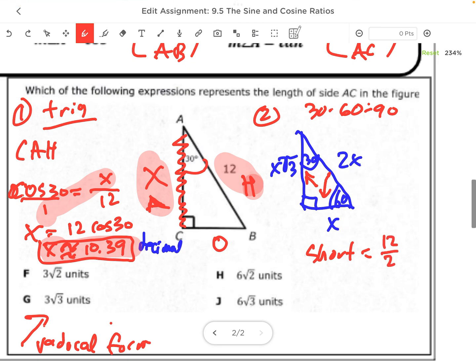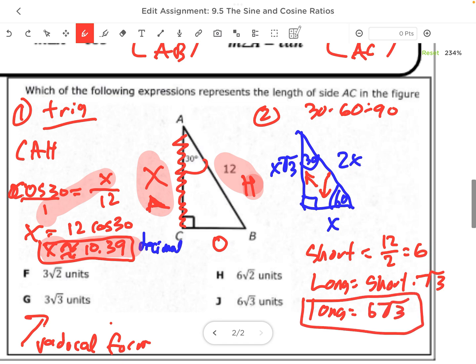So 12 divided by 2 is equal to 6. Then we said the long is equal to the short times the square root of 3. So that means the long is equal to the short, which is 6, times the square root of 3. So that's why our answer is this.